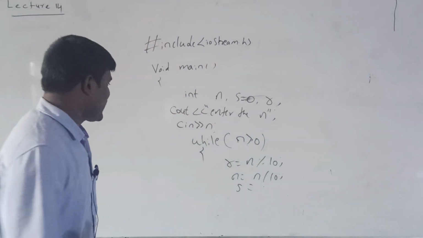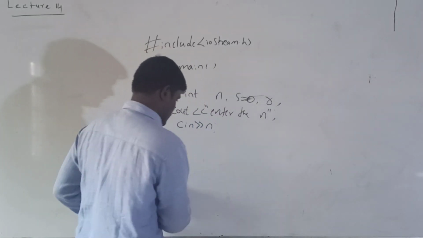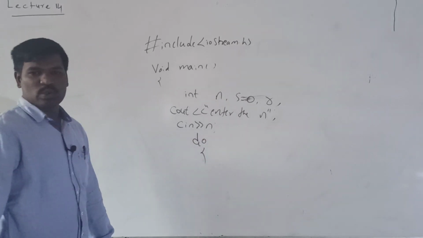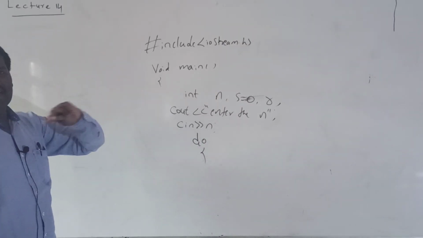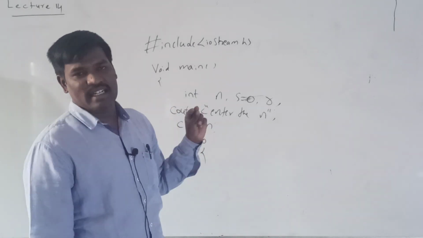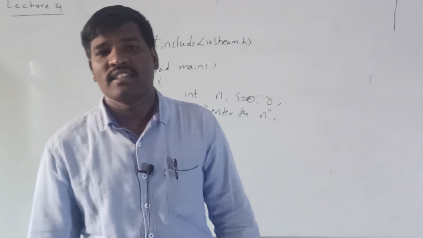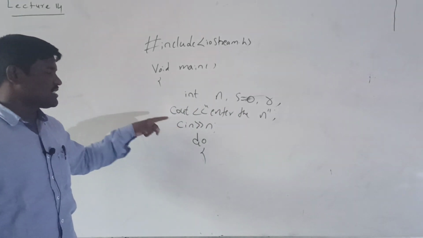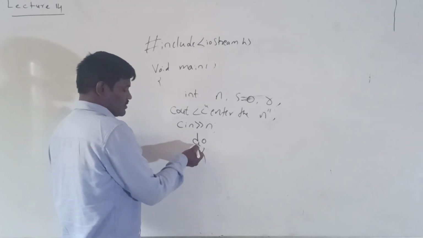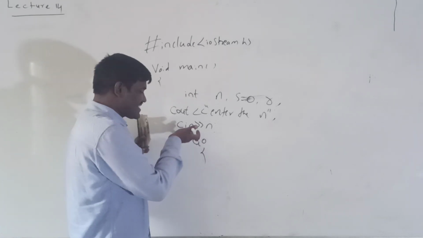So it is a while, do while example. Okay, so after giving the input, you can write do. See here, up to this much as it is, there is no change in that, declaring the variable and writing the cout statement and writing the cin statement. So after cin statement instead of writing the while loop, just you can write do, because the syntax is like this.